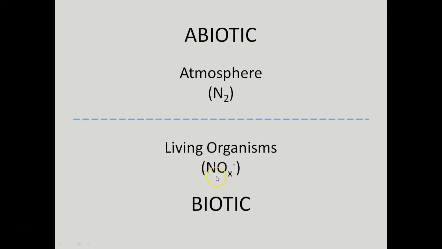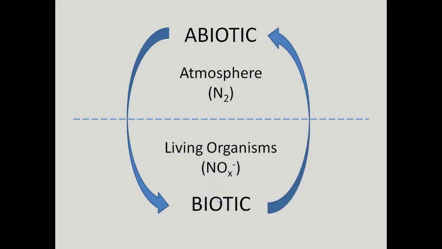And so we have 3 ways of doing this that brings this into a form that we can use. And this process is not very efficient, and we know this because we still have a large amount of nitrogen in our atmosphere. But we do have a way of returning the nitrogen that's taken into living things to the atmosphere, because if we didn't, again, we wouldn't have a large amount in the atmosphere.